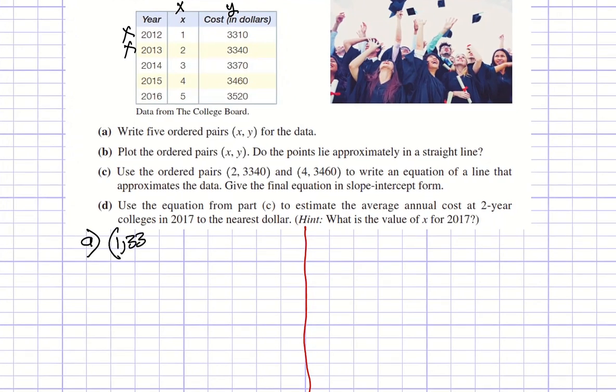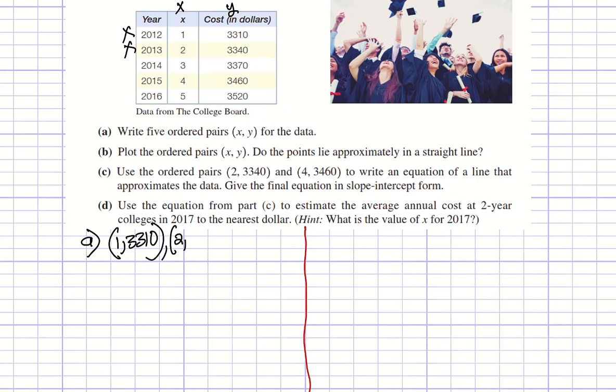The first one, X is 1, the cost is 3,310. The second one, X is 2. Are you sure I'm doing it right? Just give me a minute. Yeah, I think that's what they want. I don't know why we don't put the date, the year. It's fine, because they actually represent the year, but with numbers.